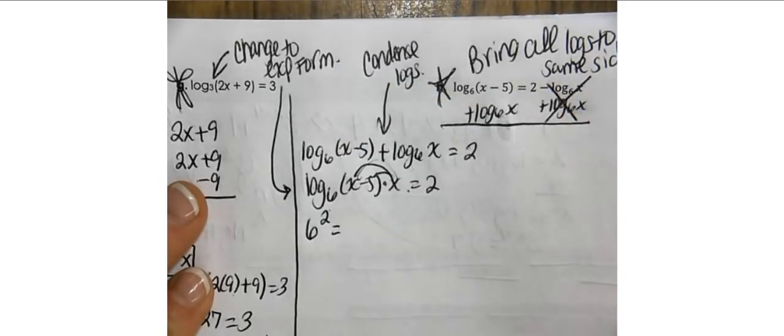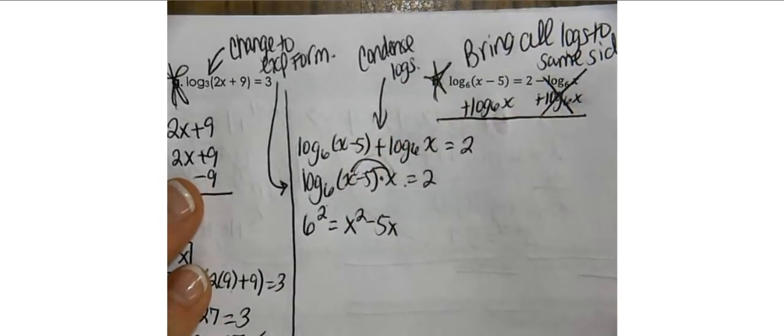But at this step, we can't get the x's alone. So what we need to do is rewrite in exponential form. So just like we had up here, I want you to change it to exponential form. So I'm going to rewrite this as 6 to the second power is equal to, and now I'm going to distribute the x to each term. And we have x squared minus 5x.